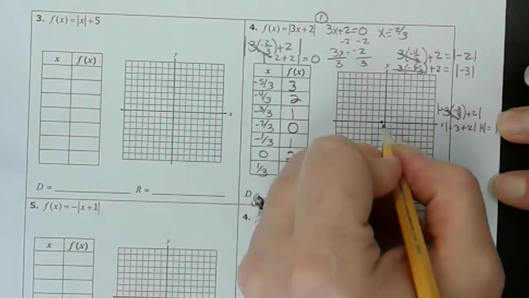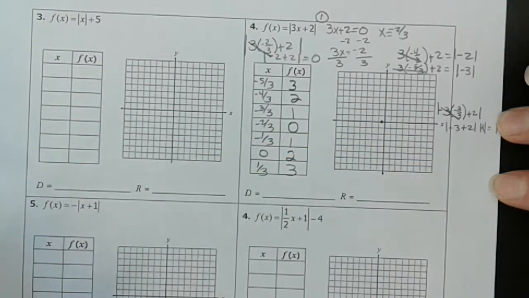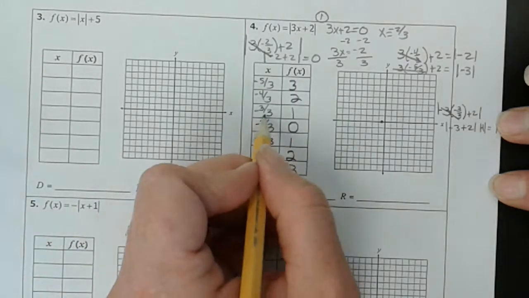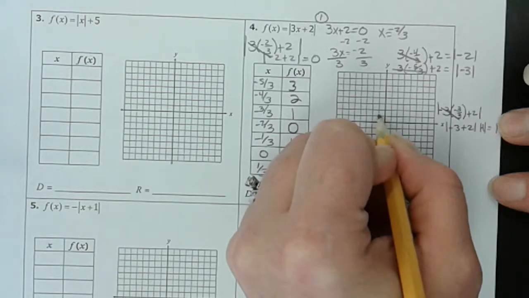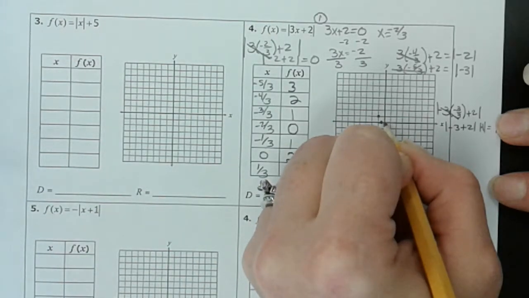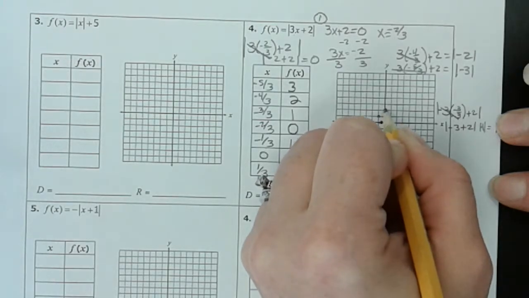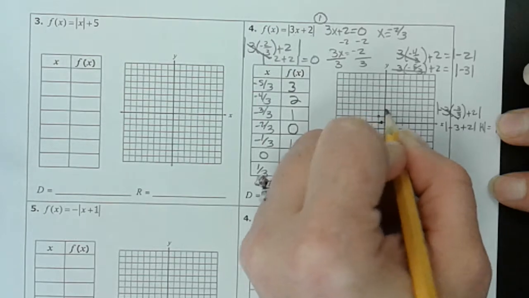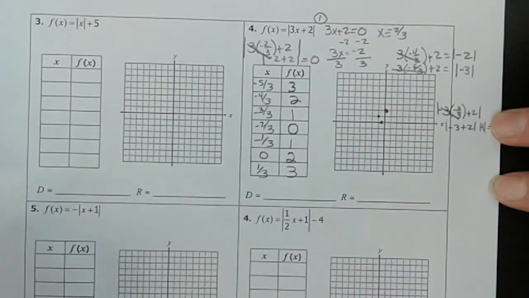All right, so we plotted our vertex, and now we can just plot the rest of our points. And honestly, I think I'm going to plot some of the ones that are easier, like -1/3 or 3/3 is really -1, -1 and 1, and then 0 and 2. Those ones are just easier to plot because they're whole numbers.